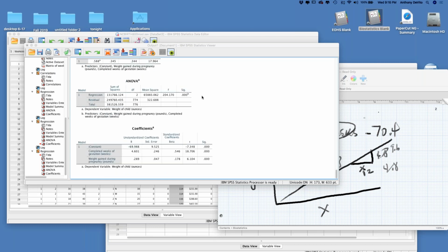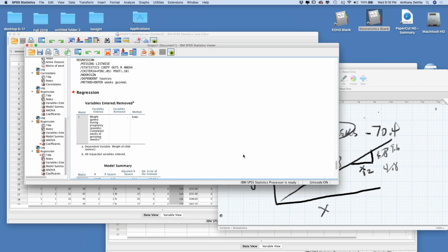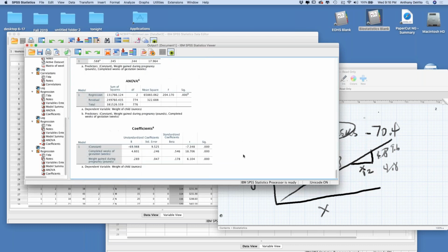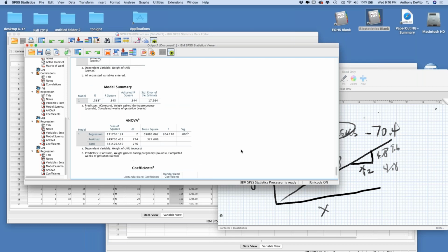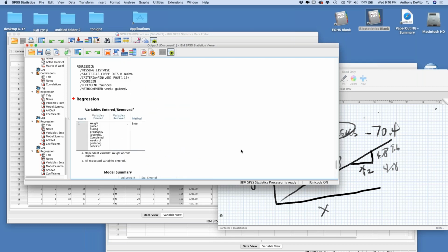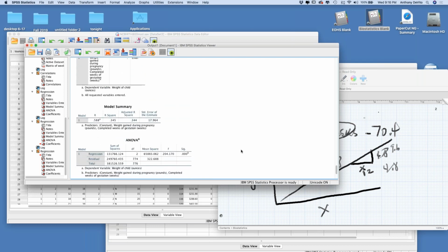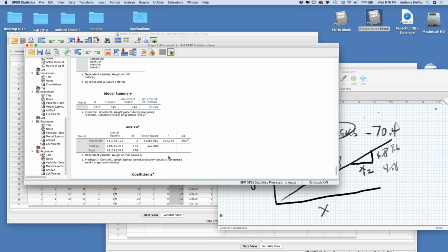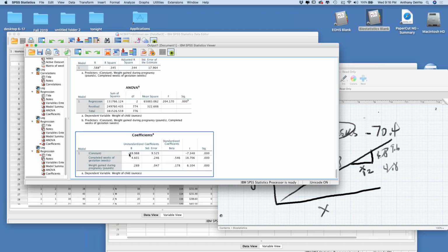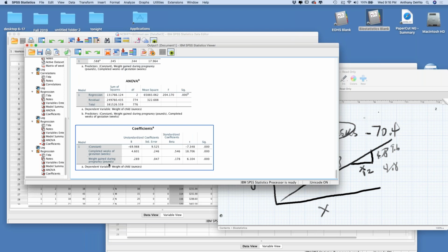One of the problems with multiple regression, and you might have seen it here, is that I didn't get that big a boost here. The reason might be that if you really think about it, the weight gained during pregnancy and the completed weeks of gestation are related already to each other, right?